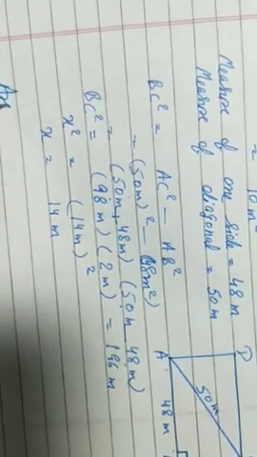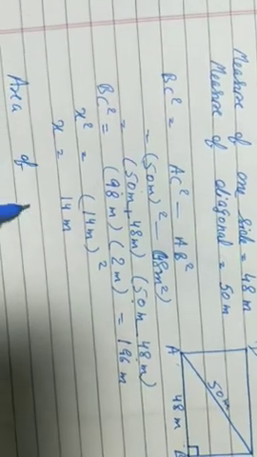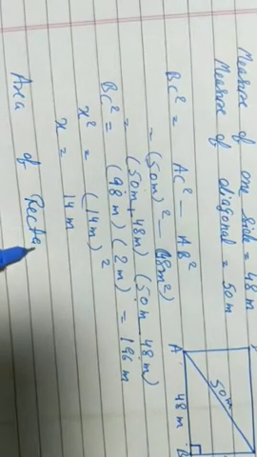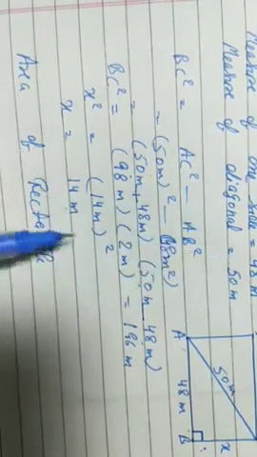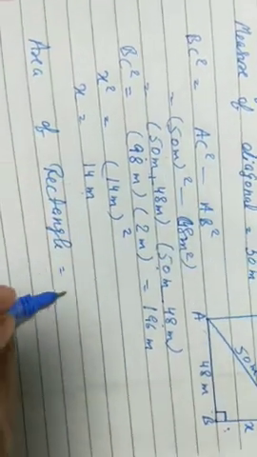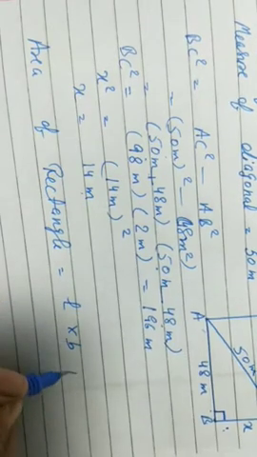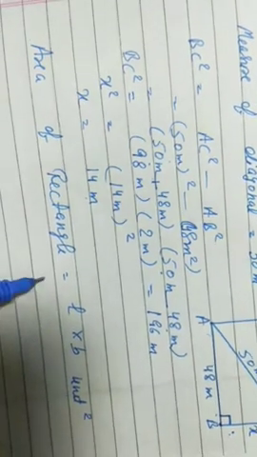Now we have to find out the area of the given rectangle. That area is equal to how much? Length into breadth. Length we have already been given, and breadth we have found out. That is L into B unit square.